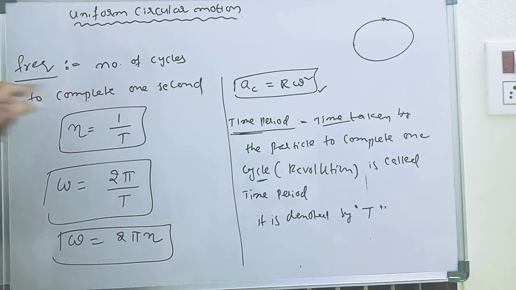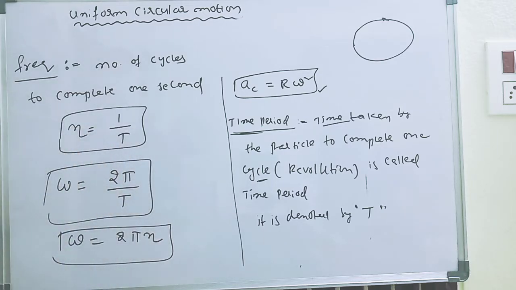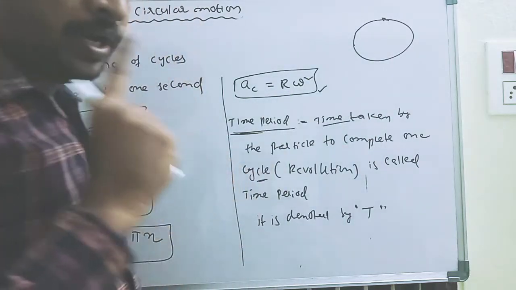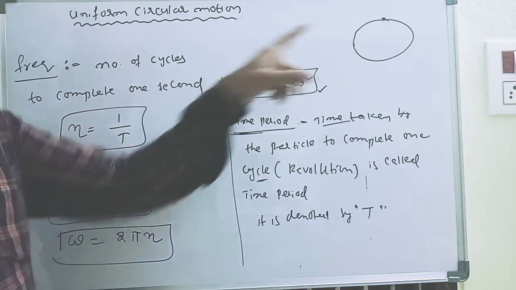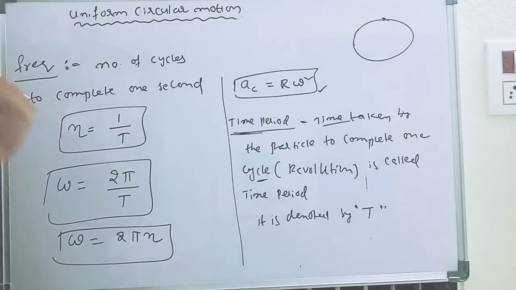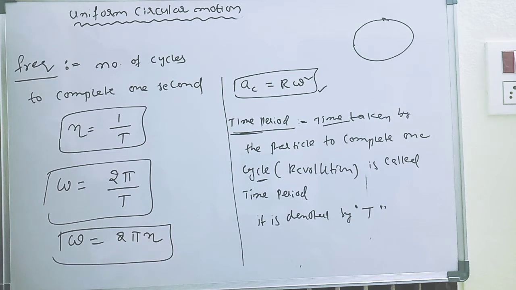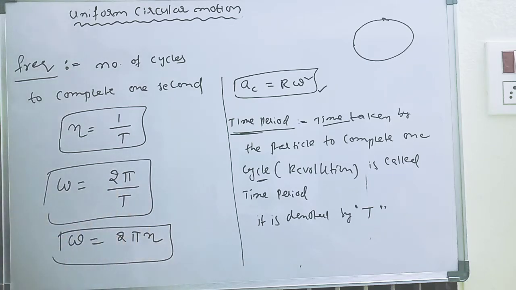This is time period, this is frequency, and this is the relation of time period and frequency. Remember, time period is the time taken by the particle to complete one cycle or one revolution, denoted by capital T. Frequency is the number of cycles completed in 1 second.